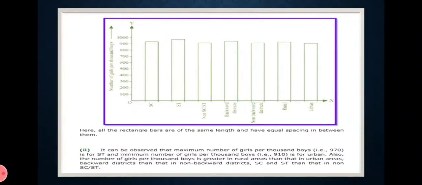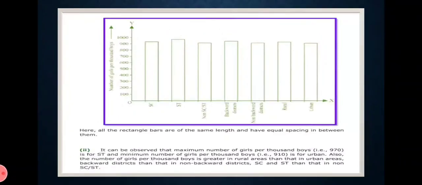So now, after marking the x-axis and y-axis, we make the bars according to the given information. That is for SC, the number of girls is given as 940, so we will select between 900 to 1000. Again here between 900 to 1000 there are 100, means you will take one line as 10, 20, one each line, as that small line present between each unit is 10.